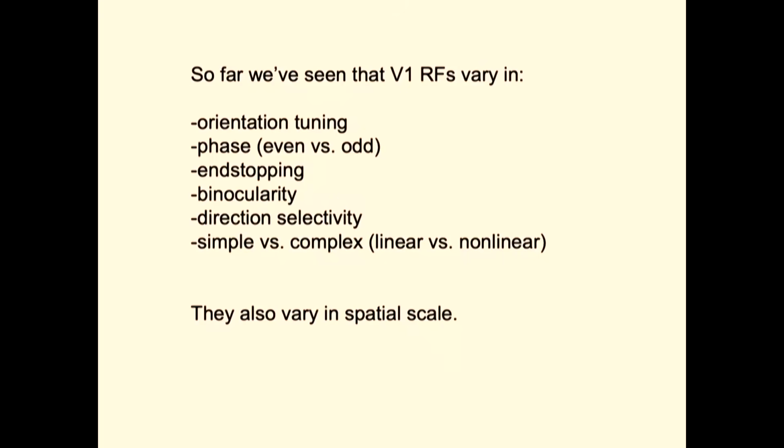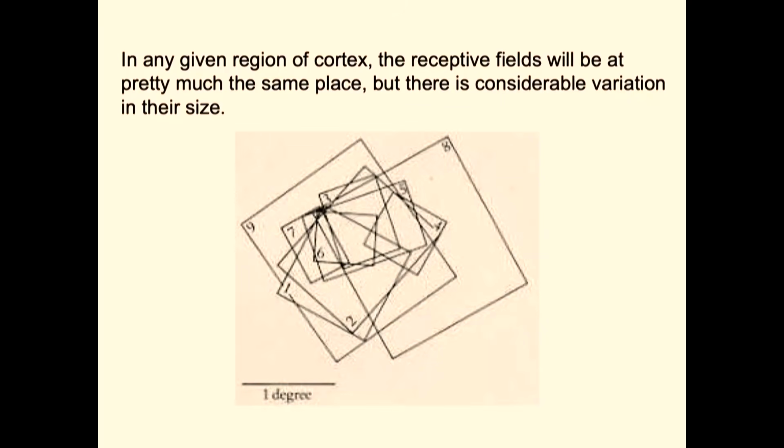We've just been talking about how the receptive fields that you see in V1 vary in a bunch of different respects: orientation tuning, phase, even versus odd, end stopping, binocularity, direction selectivity, whether they're simple or complex. And they also vary in what's called spatial scale. This picture shows receptive fields measured at a given point in cortex, representing a particular position.